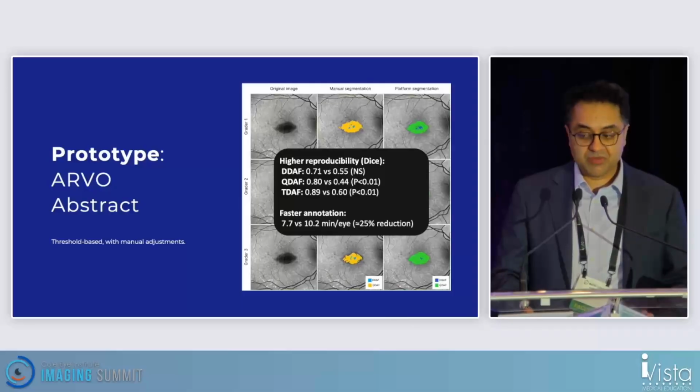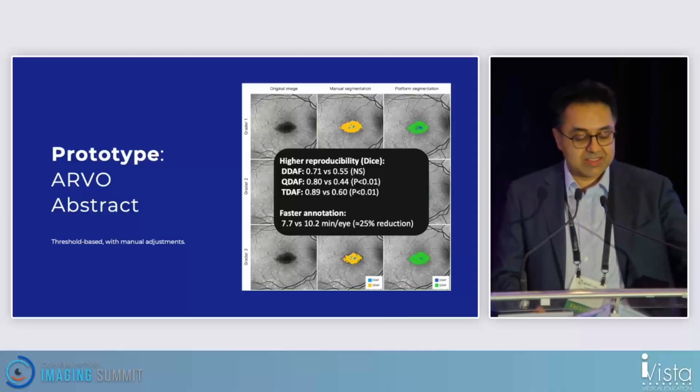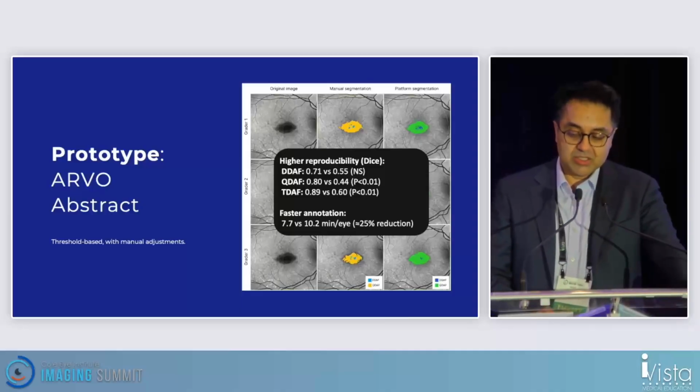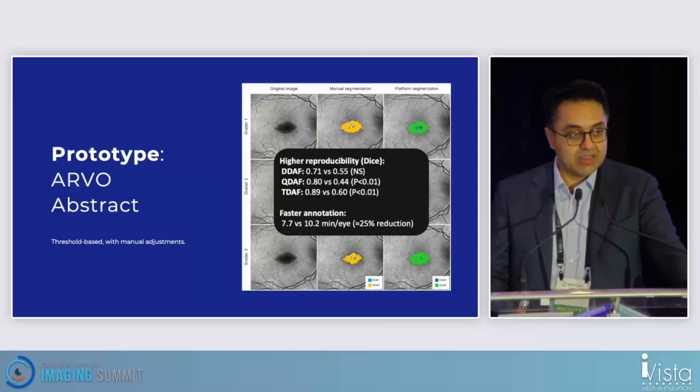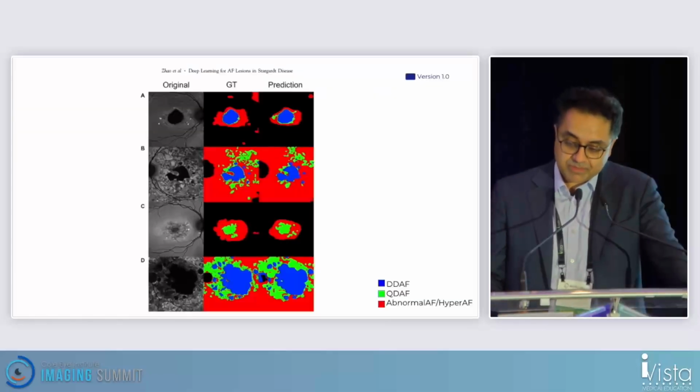It was also much faster for the graders, about a 25% reduction in grading time, and gave higher reproducibility between graders at measuring both DDAF and QDAF. This came about because of a project where we were looking at our Stargardt's patients retrospectively and wanted to grade the fundus autofluorescence images, and weren't able to do it in any manner other than manual segmentation. So this led to developing this tool.